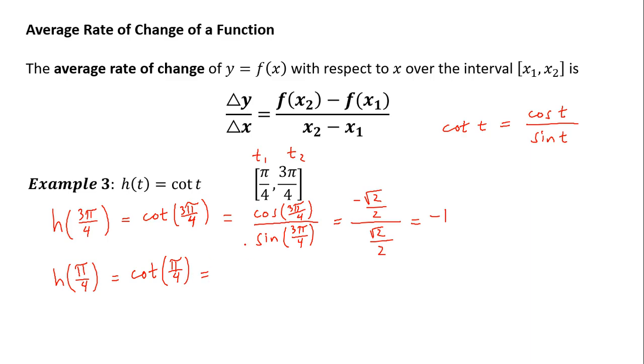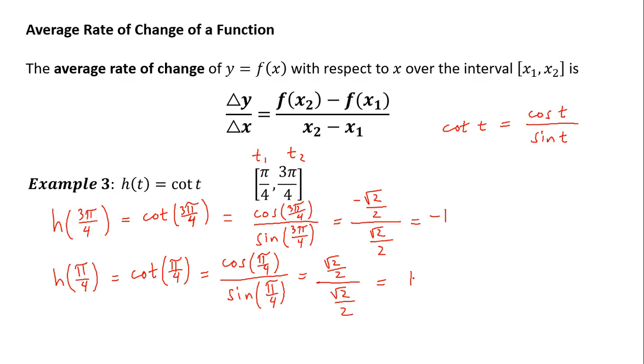So cotangent pi over 4 is the same as cosine pi over 4 divided by sine pi over 4. Cosine pi over 4 is square root of 2 over 2. Again, you can just recall your unit circle to find the values needed. And sine pi over 4 is also square root of 2 over 2. So this is equal to 1.